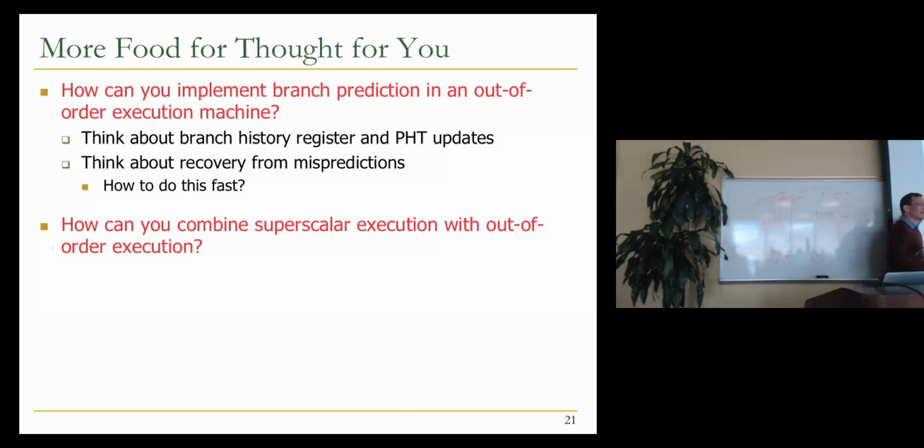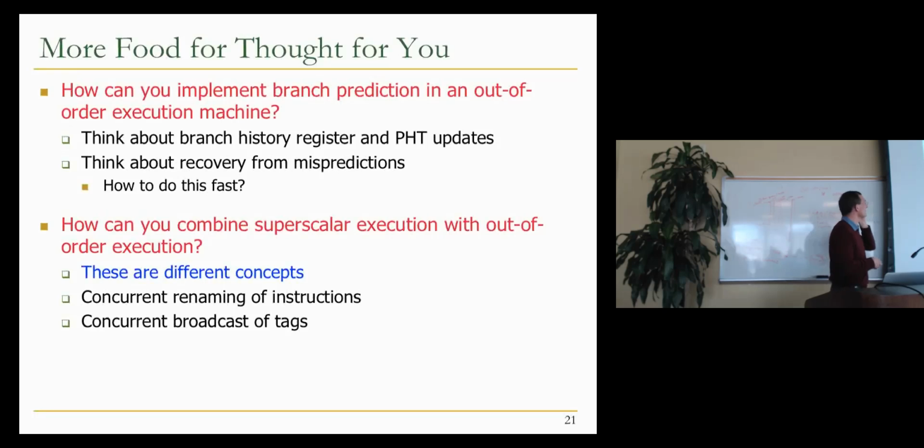Okay, more fun. How can you combine superscalar execution with out-of-order execution? Well, this becomes even more interesting, right? The first thing is these are different concepts. A lot of people, when they say superscalar processors, implicitly mean superscalar means wide fetch, right? Multiple instruction fetch, done in hardware.